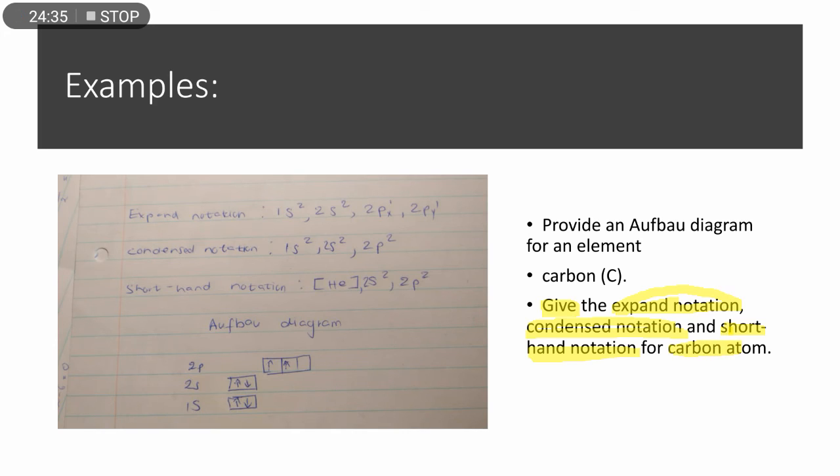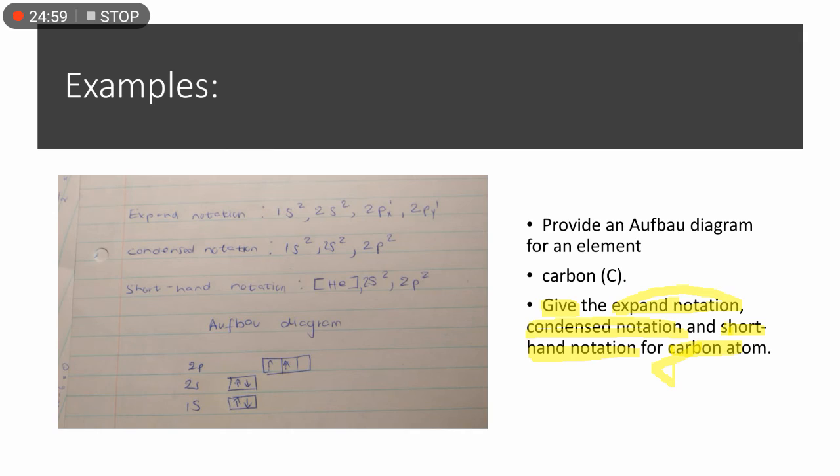Then afterwards, when doing this, you should ask yourself, oh, carbon atom, it is in the periodic table. Okay, then you ask yourself, what is the symbol for carbon? Oh, the symbol for carbon is C. Let me look at it in the periodic table.